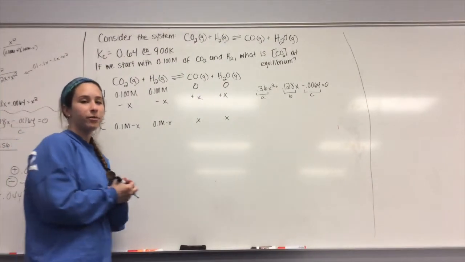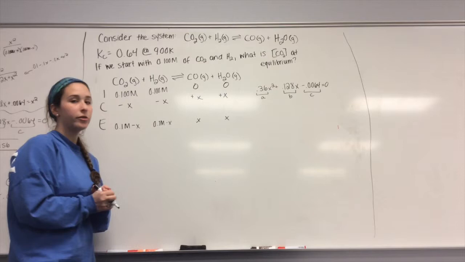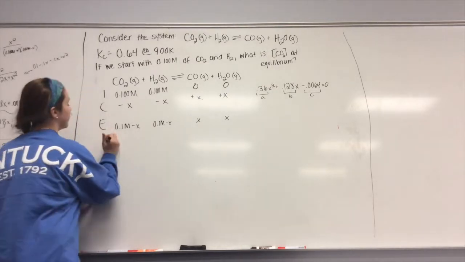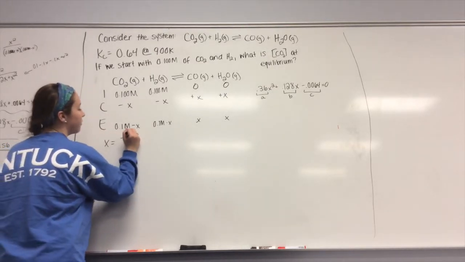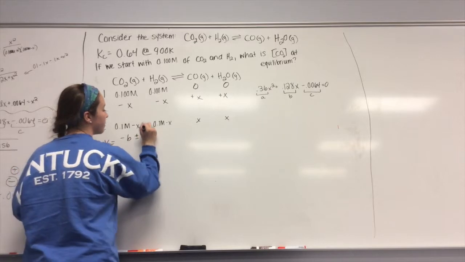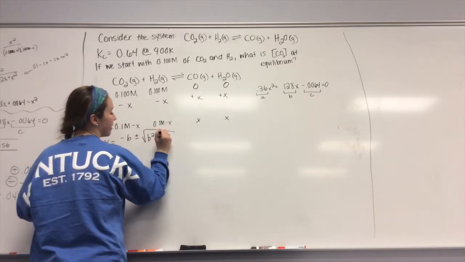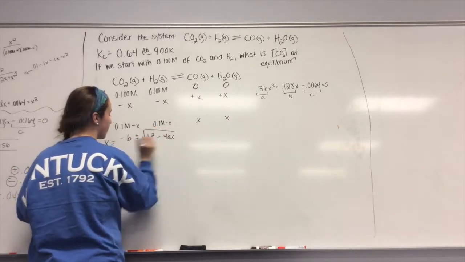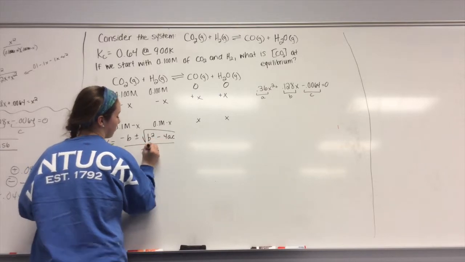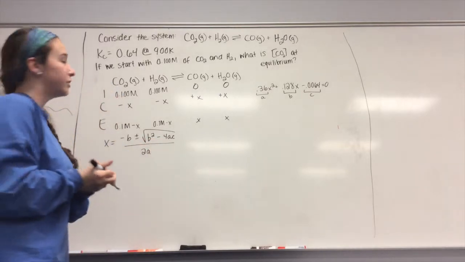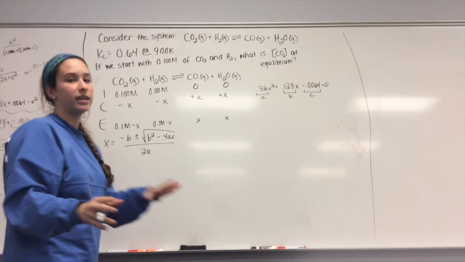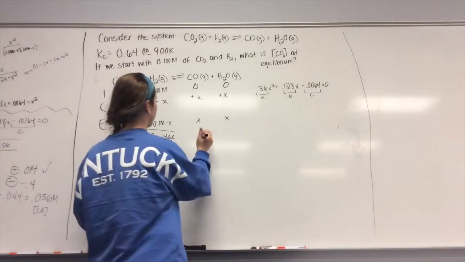So now we are ready to plug our values into the quadratic formula. Remember that this formula is x equals negative b plus or minus the square root of b squared minus 4ac all over 2a. So the first step I'm going to do is just plug all of my values in, not simplify or anything, just plug them in.